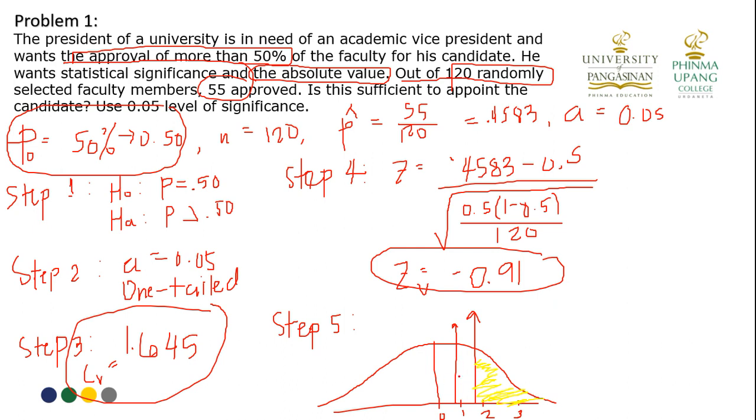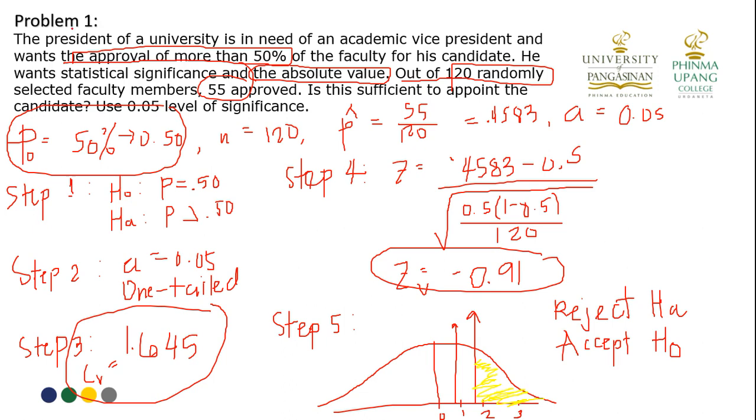Kung papansinin ninyo, wala siya sa rejection area. Ibig sabihin po, i-reject natin si HA. So, reject HA. This is the time na i-accept na natin si HO. Yan. So, ibig sabihin, wala pong significance, no? There is no significance dito sa problem na to. So, accept HO.